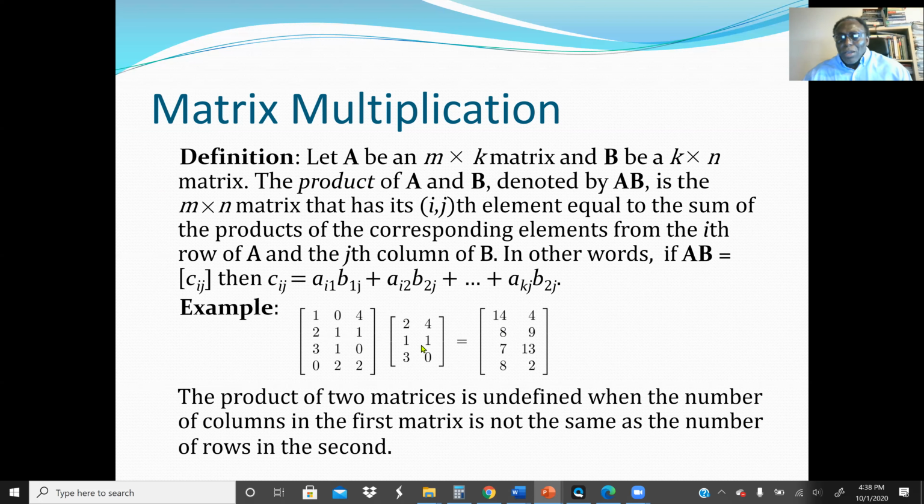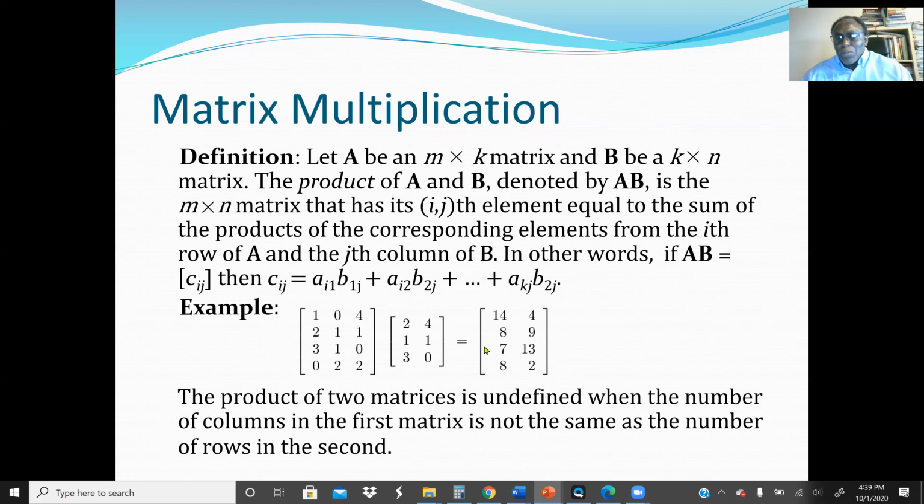Now, if I do the first row and the second column, I'm going to the 4, because 4 is in the first row, second column. But I want to get 7. 7 is in the position of the third row, first column. So I will do the third row and the first column.